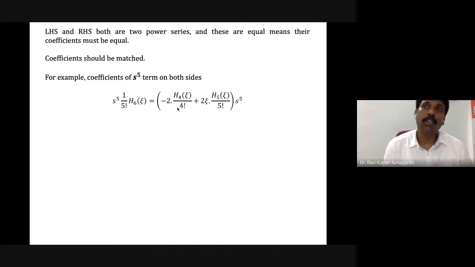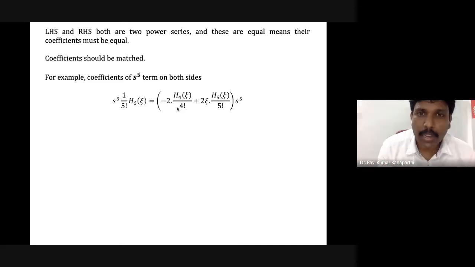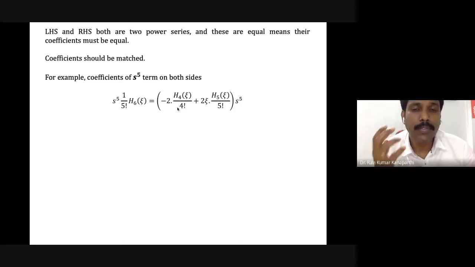So one number has to be reduced, therefore n has to be n minus 1. That means to obtain the s to the power 5 coefficient, n has to be 4. Therefore h4 of z divided by 4 factorial from the right hand side first term.